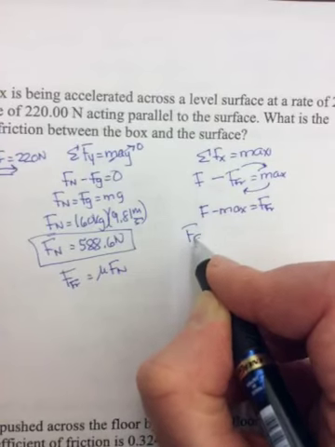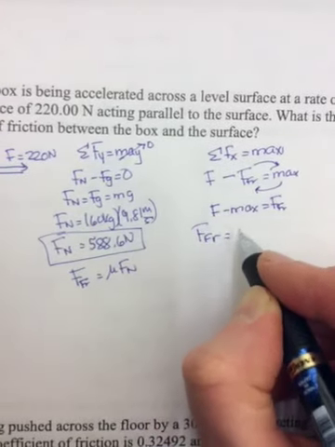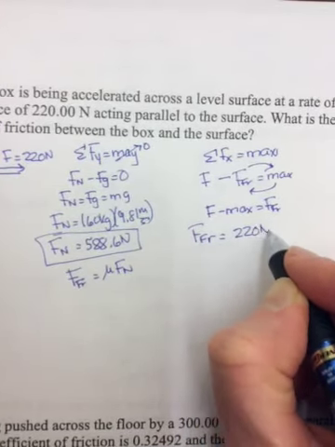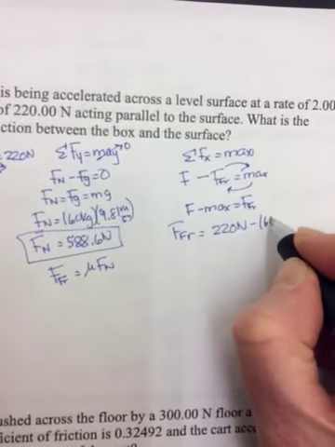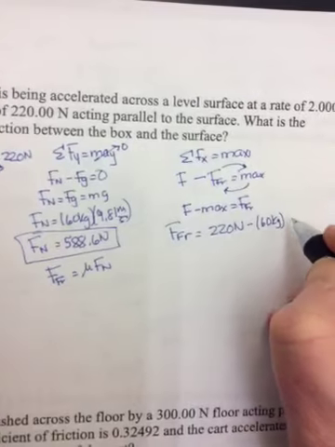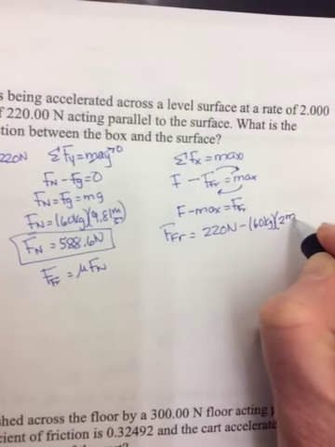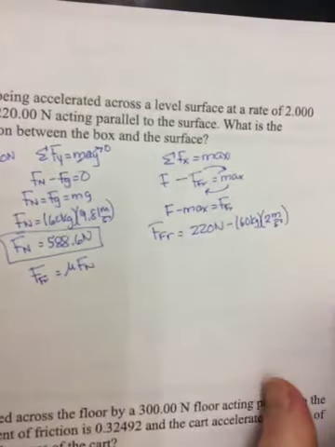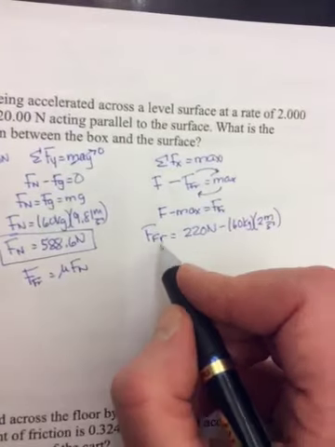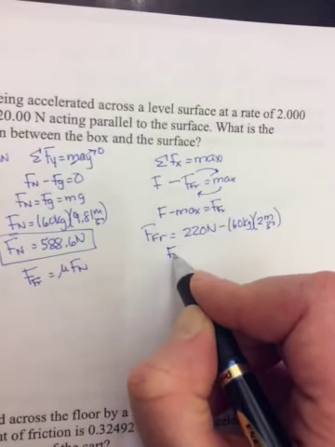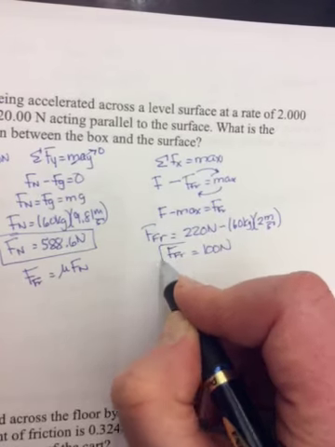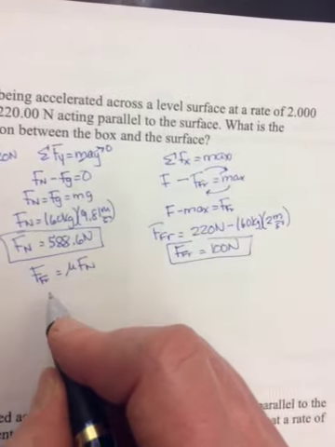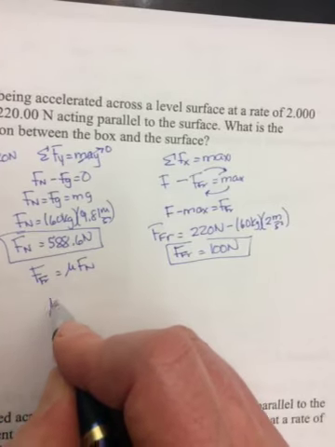Okay, so the force of friction is equal to, F was 220 newtons, minus M was 60 kilograms. And it told us in the question the acceleration was 2 meters per second squared. So 60 times 2 is 120. 120 from 220 leaves us a friction of 100 newtons. So we now have our force of friction, we have our Fn, now we can find mu.